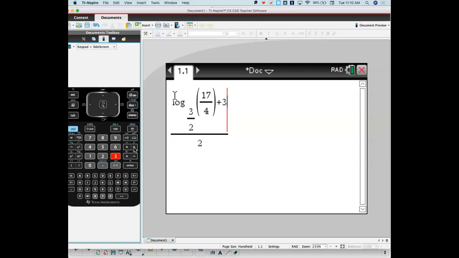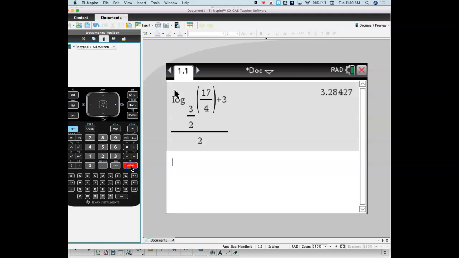And when I hit enter, or when I hit equals, or if you did it on the other calculator, you should get 3.28427 and so on, 0648697.